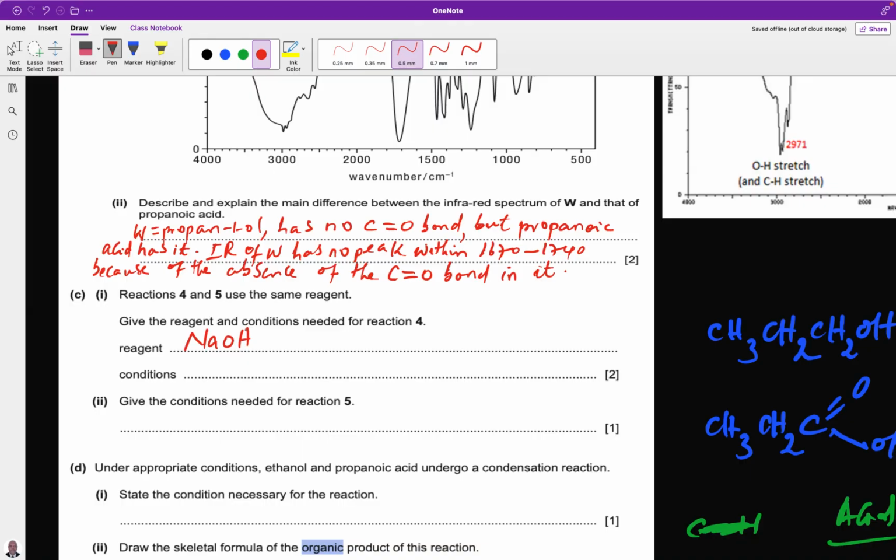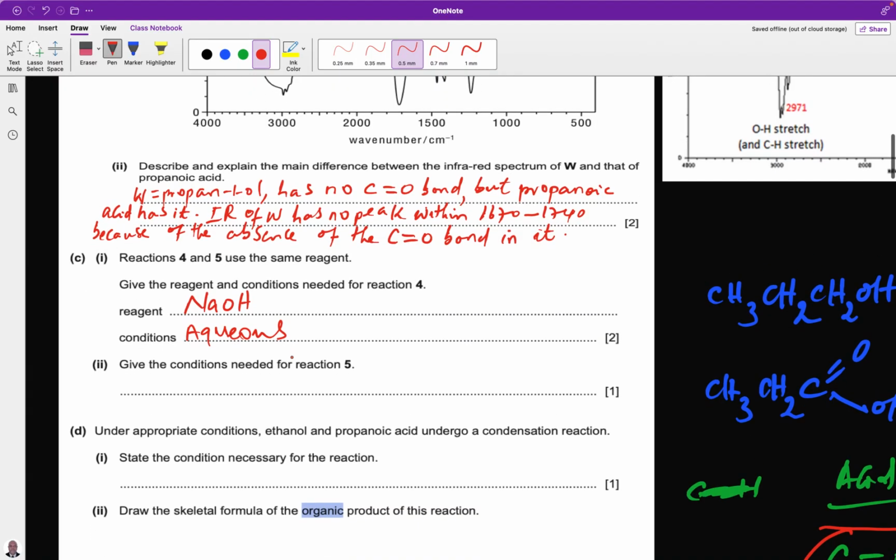And the condition? Is it aqueous? Is it concentrated? I said when bromoethane is heated under reflux with aqueous sodium hydroxide. So the condition is aqueous.